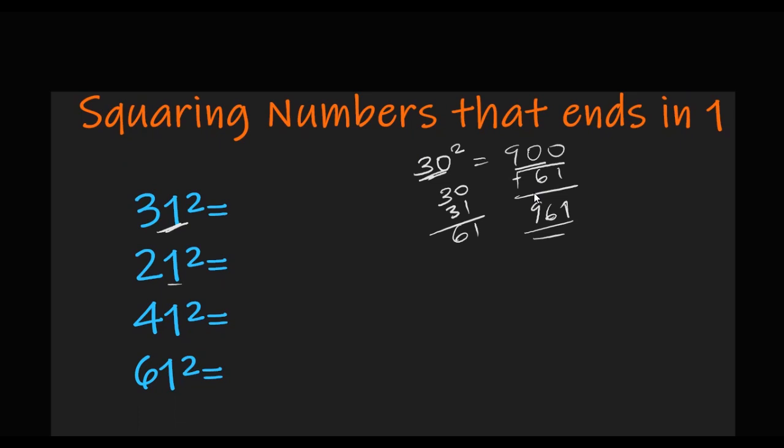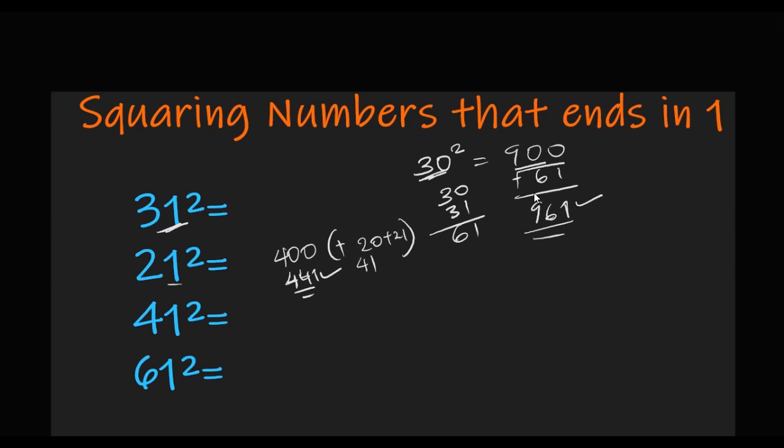You remain with 20, square that, and since we know the square of 20, which gives you 400, now what you want to do is add 20 plus 21, which gives you 41. So you got 441. Yeah, that's your answer.